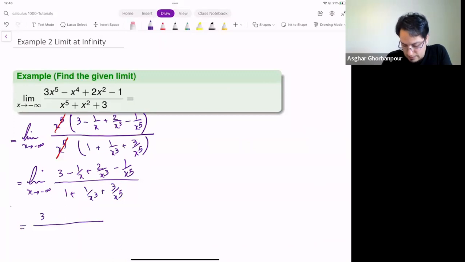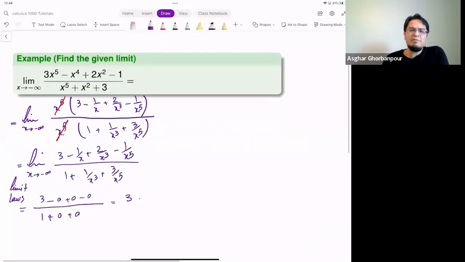This is 3 minus 0 plus 0 minus 0 over 1 plus 0 plus 0, and that gives me 3. So the limit of this is equal to 3. The same story always works when you have some versions of a polynomial in the numerator and denominator: you can factor out the highest power from the numerator and denominator and use the fact that the limit of 1 over x to the power alpha is 0.